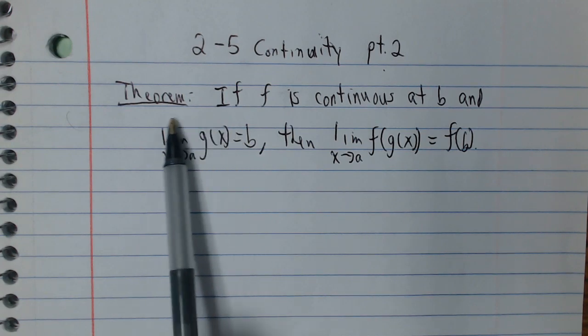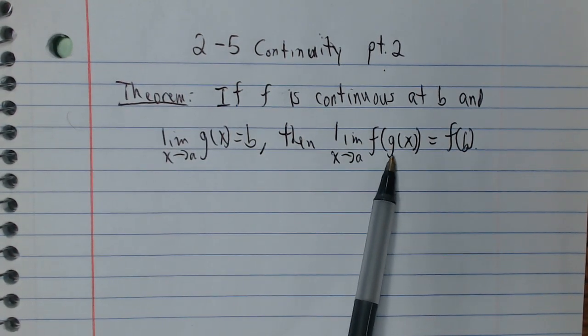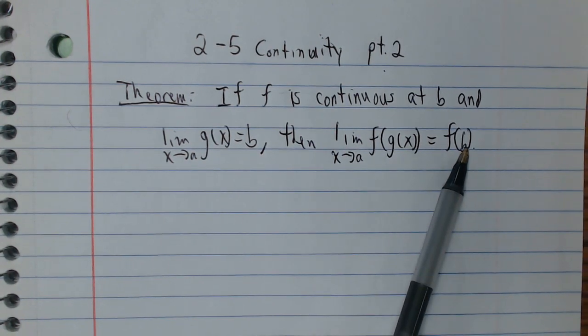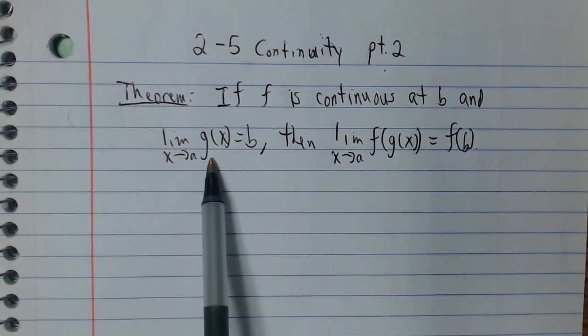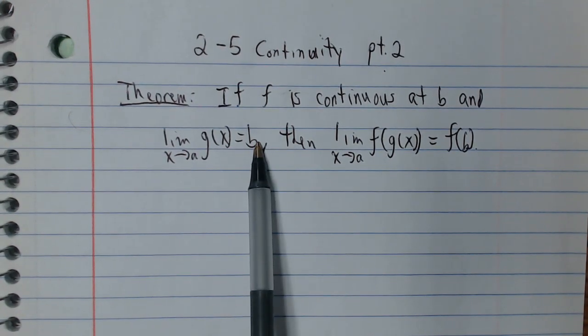If the limit as x approaches a of g of x exists, and it is b, then what we're doing is, for this limit part, we're just plugging b into f. Now what's important is we also need to make sure that whatever this limit is, if it exists, since right now we're calling it b, f itself is continuous at b.